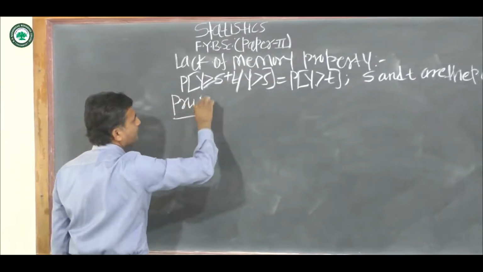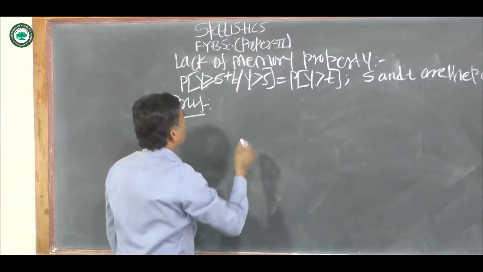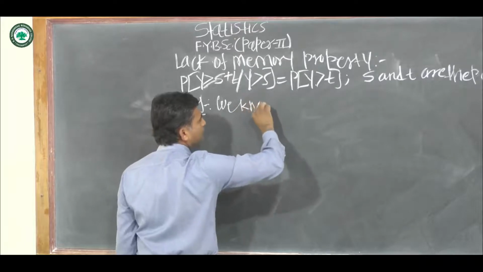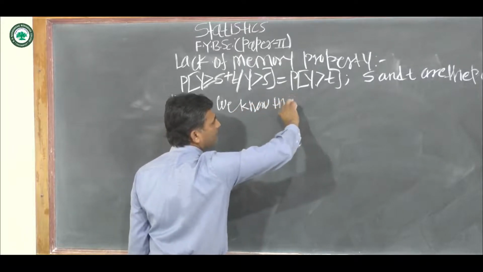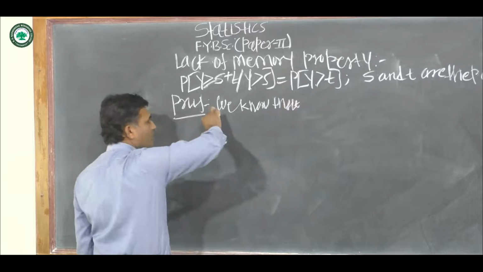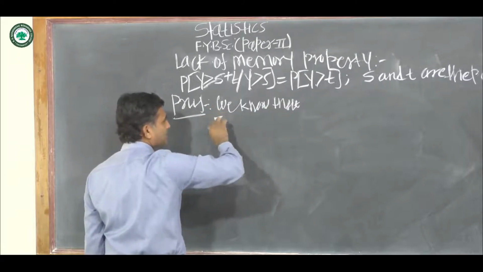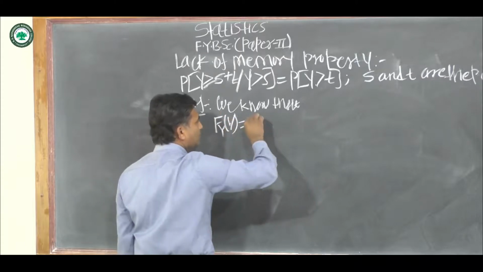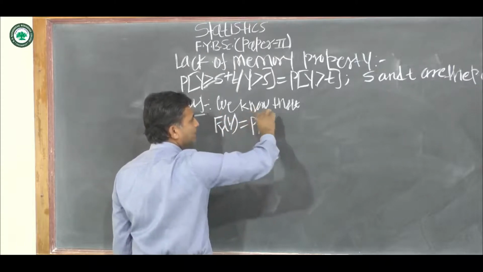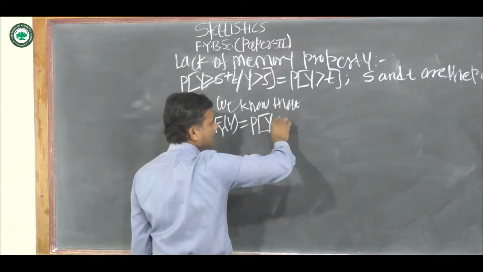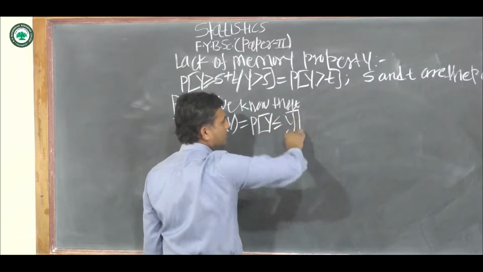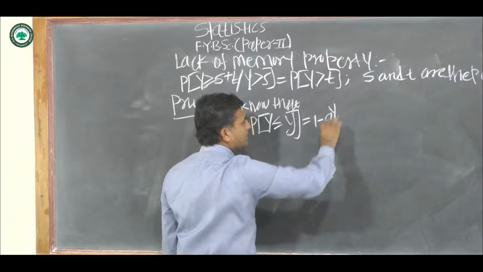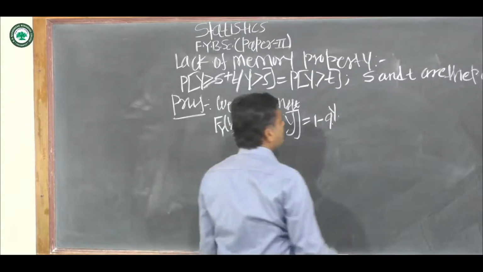Proof. We know that the distribution function of geometric distribution is F(y) is equal to probability of Y is less than or equal to small y, which is equal to 1 minus q raised to y.